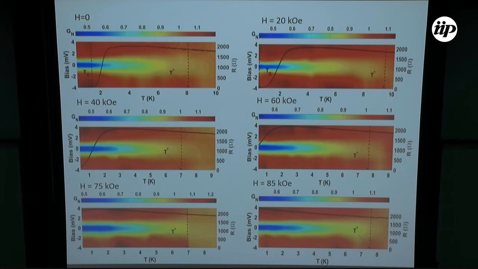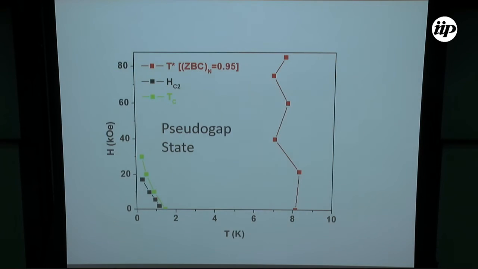And for example, at 8.5 Tesla, this is the RT. There is no hint of Tc anymore. The resistance is just going up, but I still have the T star, which roughly remains at the same temperature. So if I plot now the phase diagram, this is how it looks.